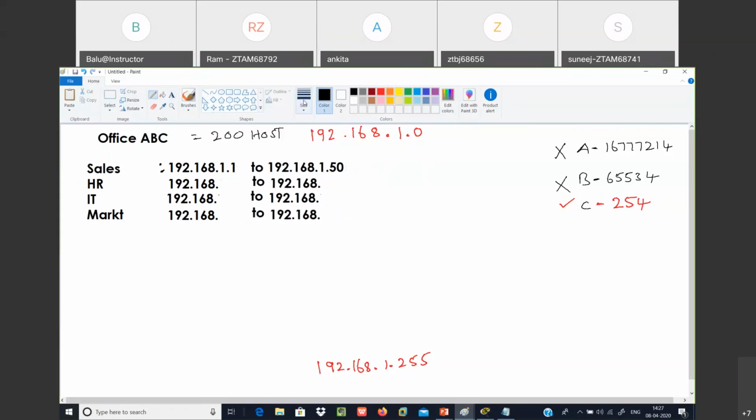Changing the network means sales department from 1.1 to 1.50, HR department 2.1 to 2.50, for IT department 3.1 to 3.50, and for marketing department 4.1 to 4.50. Now, can each department communicate with each other?